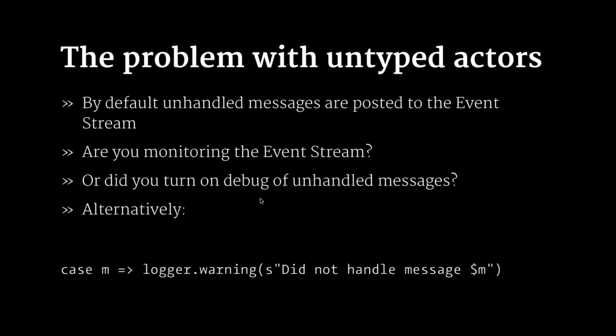So if you're not monitoring your event stream, or turning on the setting for debugging unhandled messages, there are some teams who choose an alternative, which is to have a default case on all your actors that produces some kind of log event saying there's an unhandled message here.